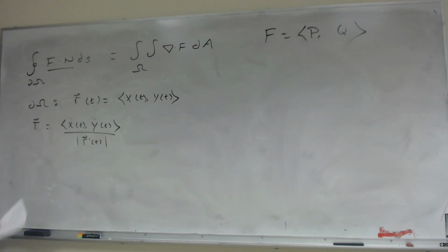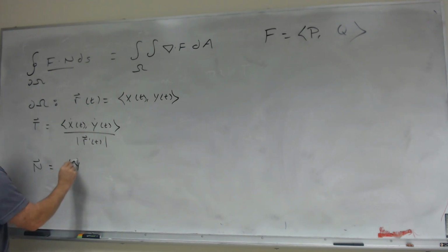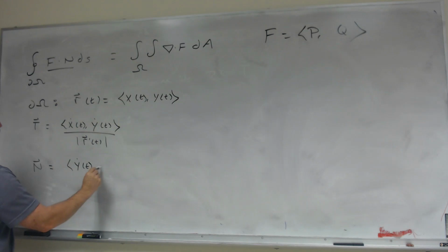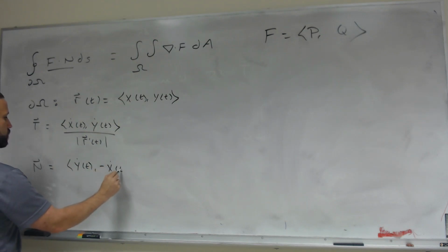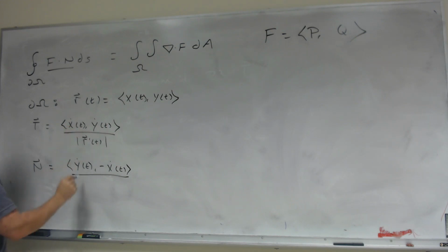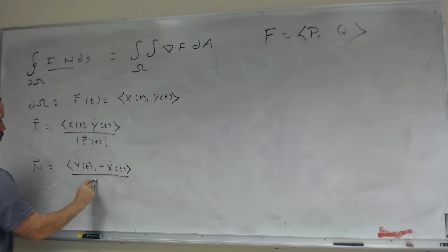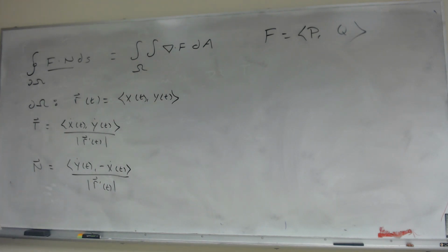I'm dividing by its magnitude to get a unit vector. And what is n? Well, n, we saw before, is going to be equal to y dot of t, minus x dot of t, and the magnitude of these two vectors is going to be the same. So to get a unit vector, I'm going to divide by that.